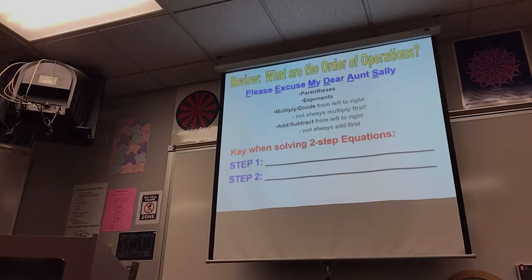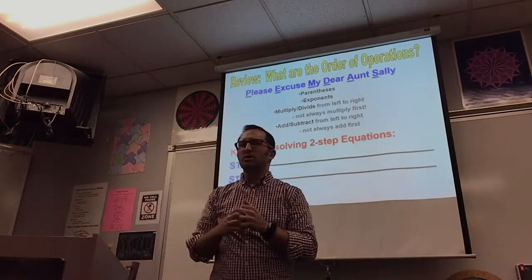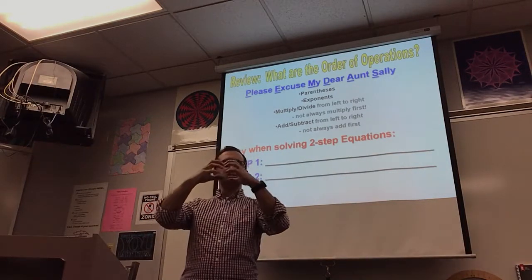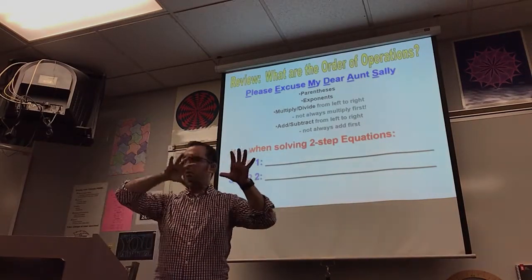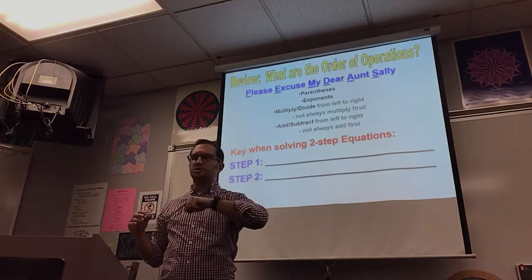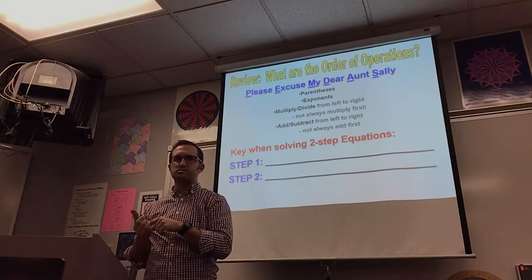Multiplication, and then we did the addition or subtraction, right? Well, here's the deal. When you're solving two-step equations, aren't we undoing everything? Don't we want to get the variable by itself? We're using inverse operations, right? Wait, if we're using inverse operations, shouldn't we use the inverse order of operations as well?